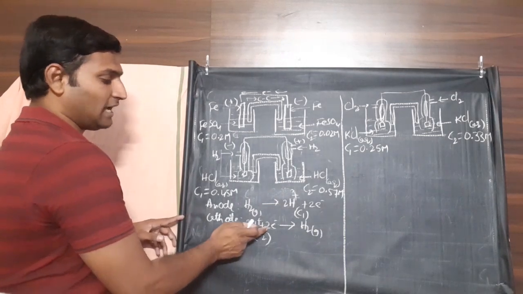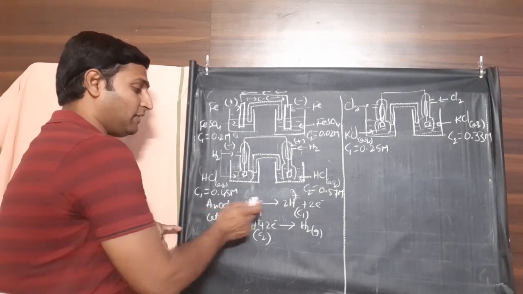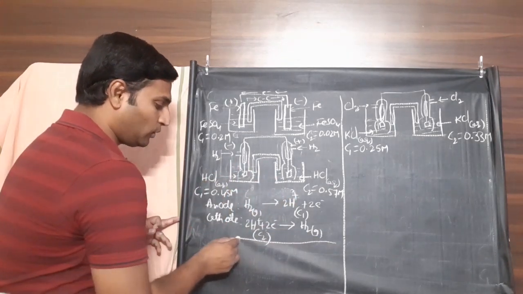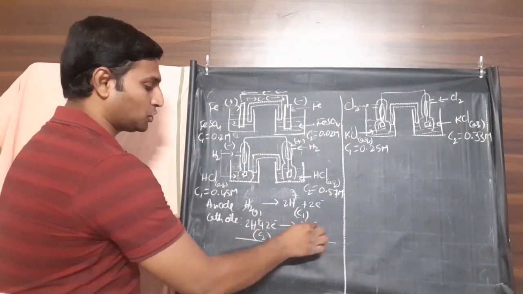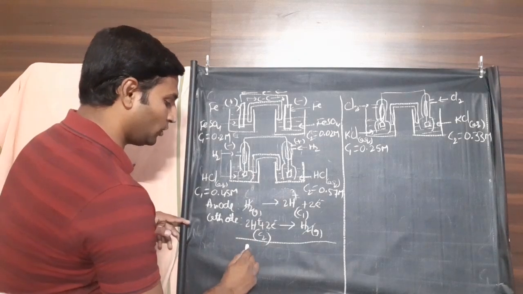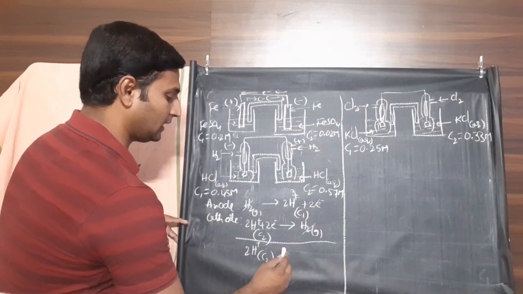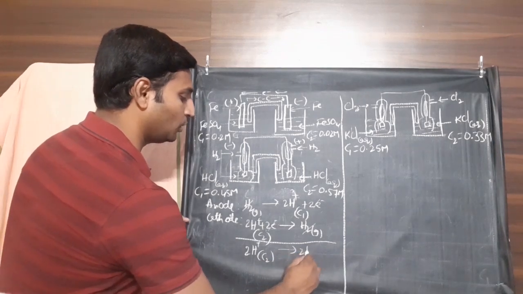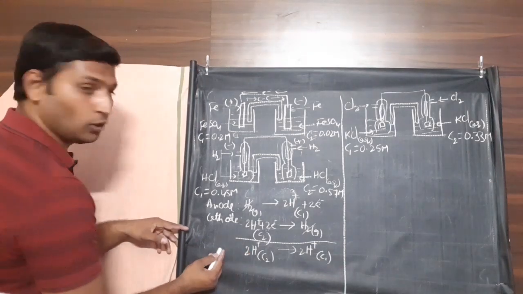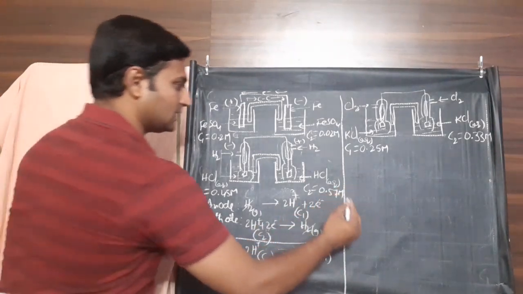Now, because I have taken 2 electrons here, I could write this reaction by taking half H2 giving rise to 1 H plus and 1 electron also. Now to get the overall reaction, H2 gas gets cancelled, the 2 electrons get cancelled, so your reactant will be 2H plus concentration C2 giving rise to 2H plus concentration C1. So while writing the Nernst equation here, I'll write this side.